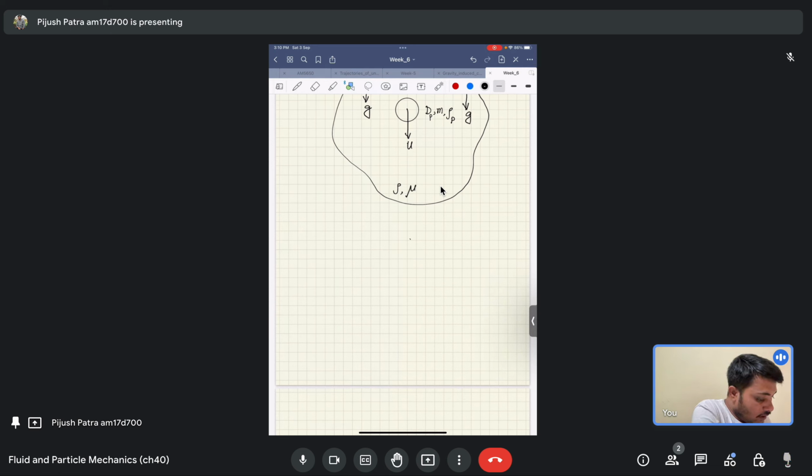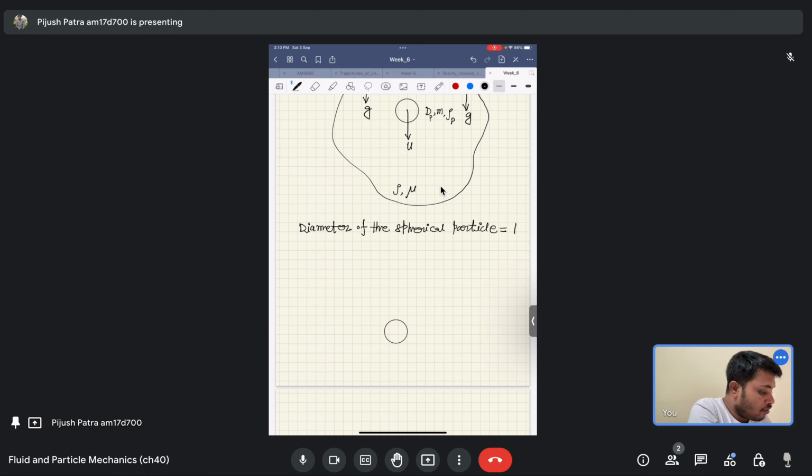So here I have the particle. This is my spherical particle. I'll just characterize the different quantities of this particle. Let me write it down. The diameter of the particle is equal to dp.